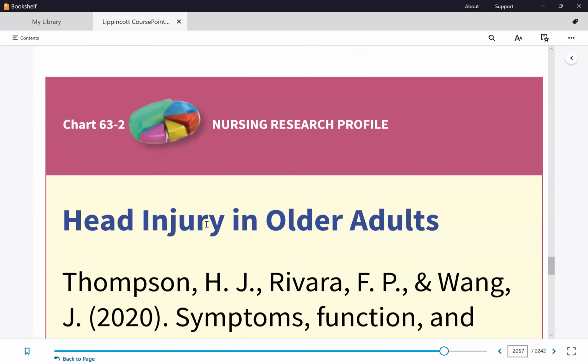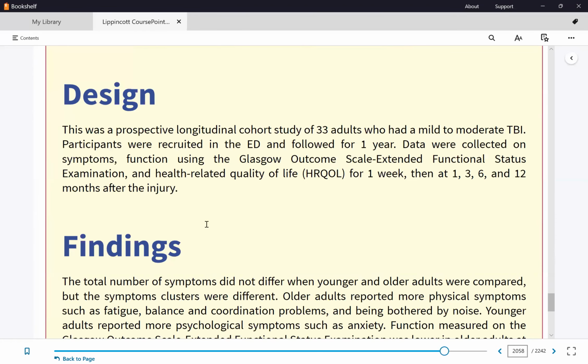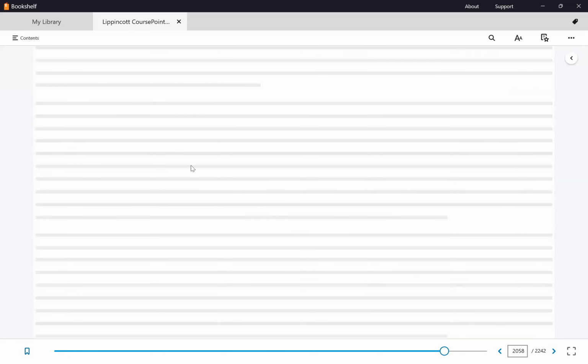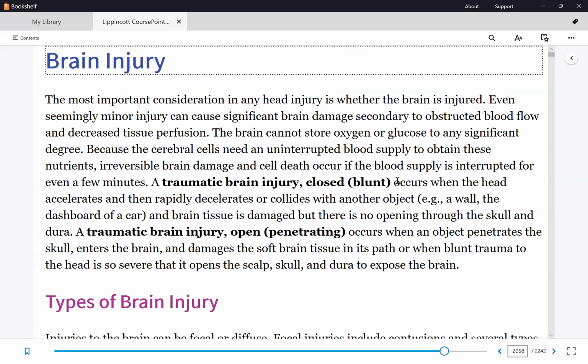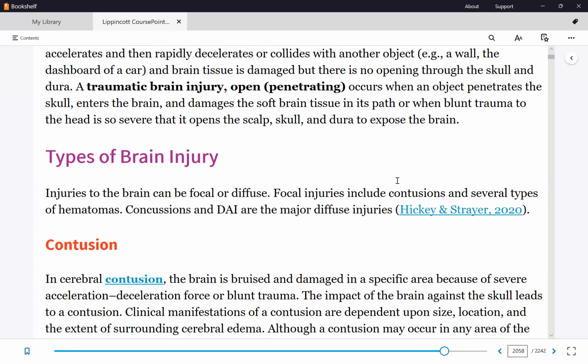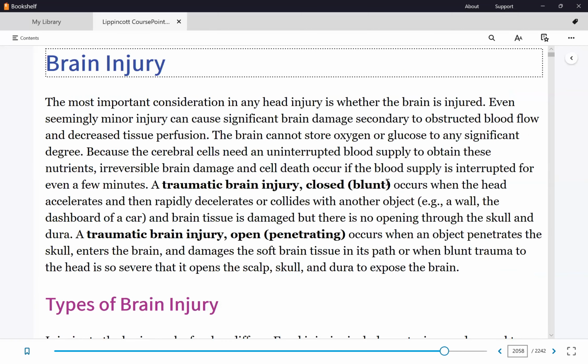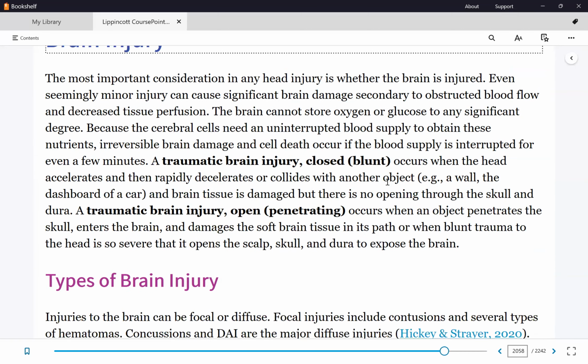All right, let's go to management now. So management will depend on what type of injury was sustained. So we have mild, moderate, and severe brain injuries.